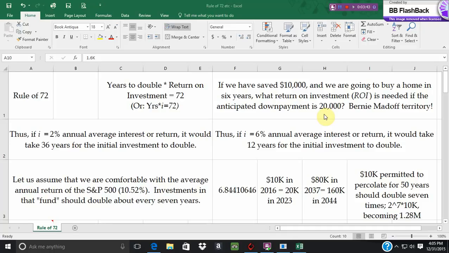Now, let's look at maybe a more conservative but still viable long-term investment average. Because what I'm really dealing with as we talk about the Rule of 72 is how am I going to achieve a retirement nest egg figure?